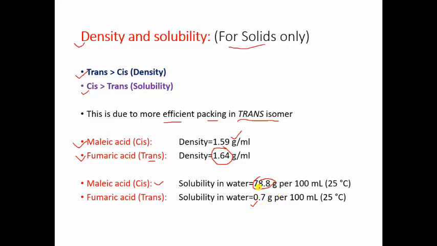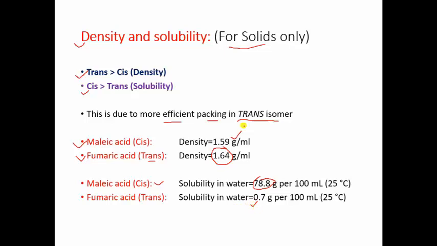Why does maleic acid have higher solubility? Because maleic acid is loosely packed. So a loosely packed molecule can dissolve easily in water, and fumaric acid is trans, so it is tightly packed and difficult to solubilize in water.